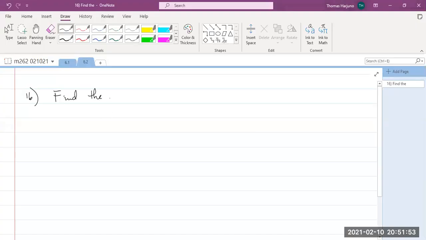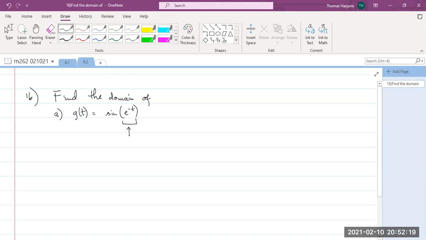6.2, find the domain of part A: g(t) equals sine of e to the negative t. The domain for sine is all real numbers, so this can be everything.